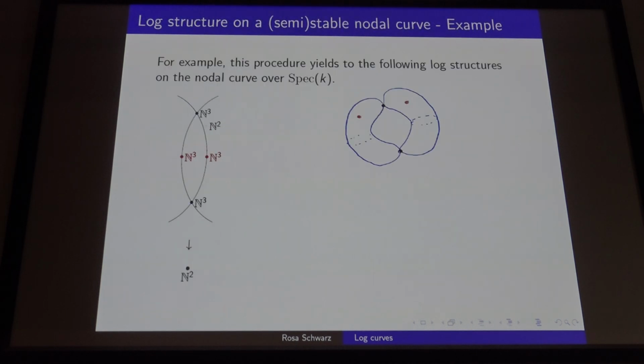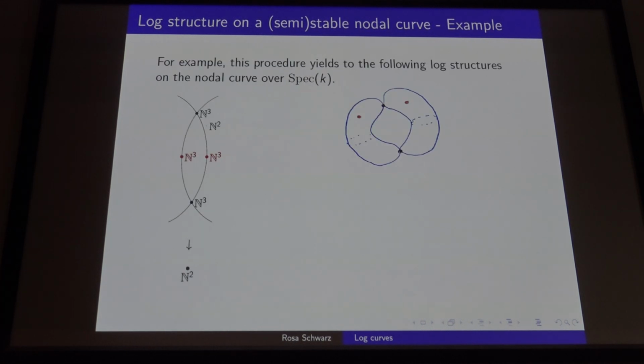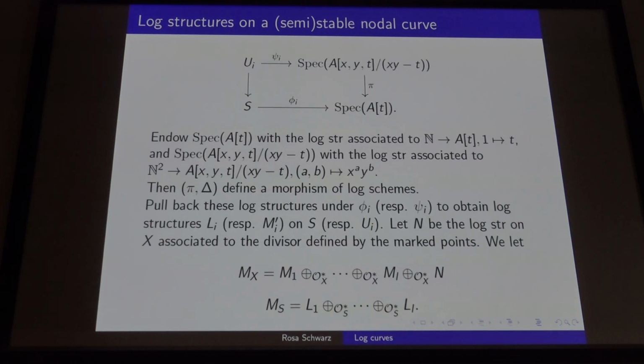In the previous example, this is not exactly the log structure that you define as its pullback, because you impose a log structure on the base, no? Who is the base? You mean the point? As a point, yes. Well, the procedure that we have gives a log structure on both X and on S, right? There's two lines at the bottom saying what the log structure at your X will be and the log structure at S. And the procedure that you do here will make this into a log curve.